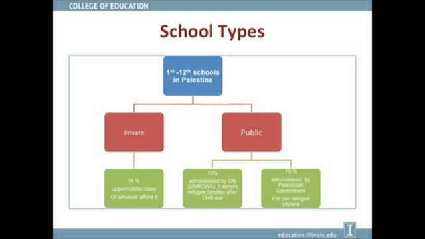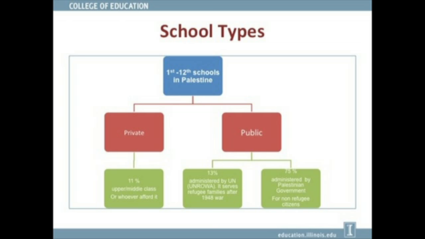For public schools, we have two kinds. 70% of the public schools are governed, administered and supported by the Palestinian government. These schools serve the main inhabitants of Gaza and the West Bank, not the refugee Palestinians who emigrated from the land during the 1948 war.